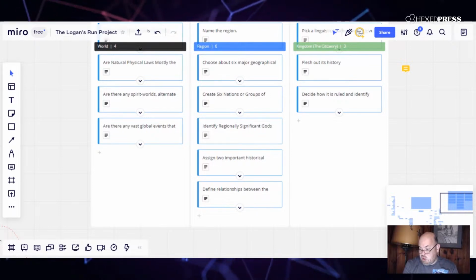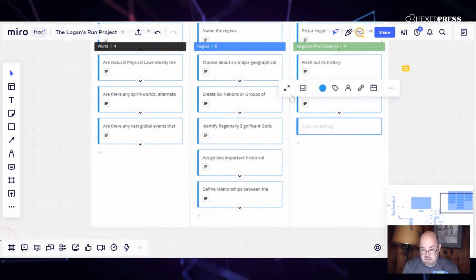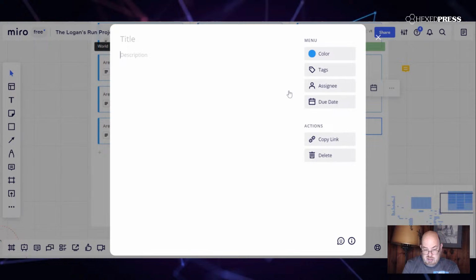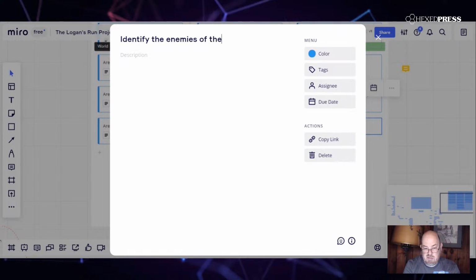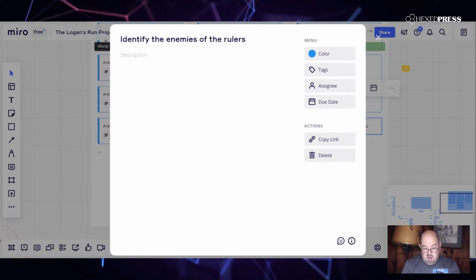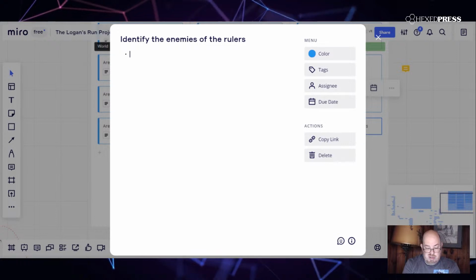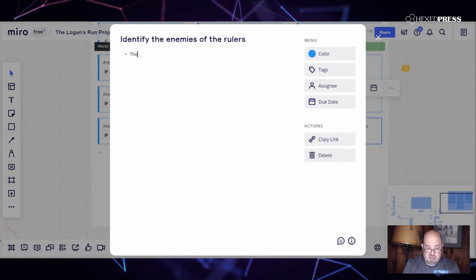All right, there's still more questions. This one's another kind of easy one for us at this point. This question is: identify the enemies of the rulers. Well, we're given a couple, right? We're given the runners.